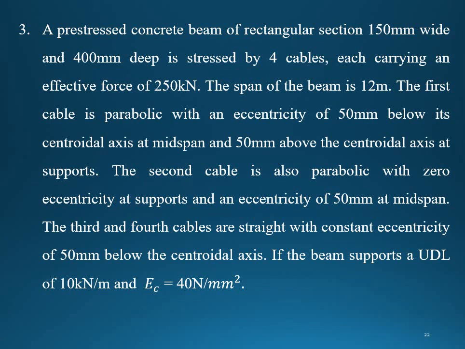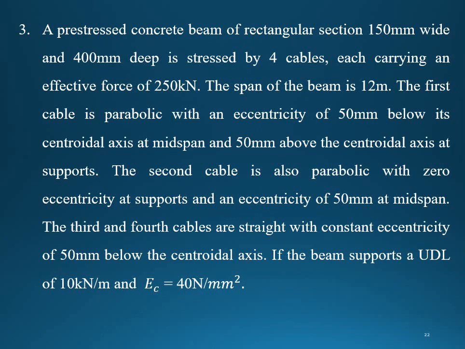Then it is second one. The second cable is also parabolic with zero eccentricity at supports. That is, at supports there is no eccentricity at all, but at the center there is an eccentricity of 50 mm. And now it is about third and fourth cable. Those two cables are straight cables having a constant eccentricity of 50 mm below the centroidal axis.